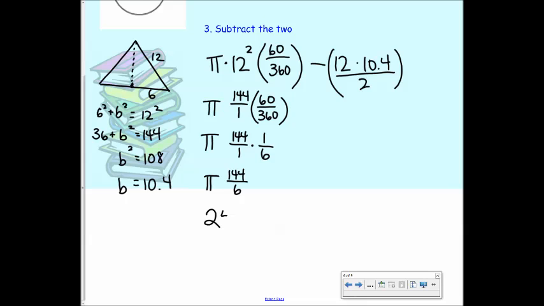And then here we would just do 10.4 times 12 divided by 2. So can someone do that part on a calculator? So 12 times 10.4 divided by 2. 62.4.